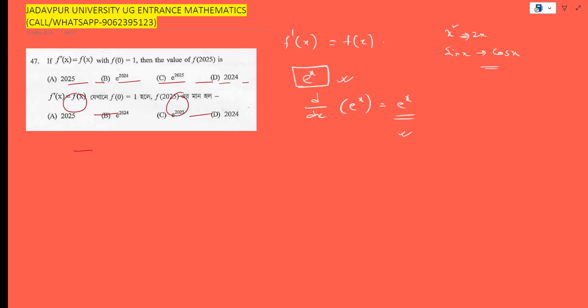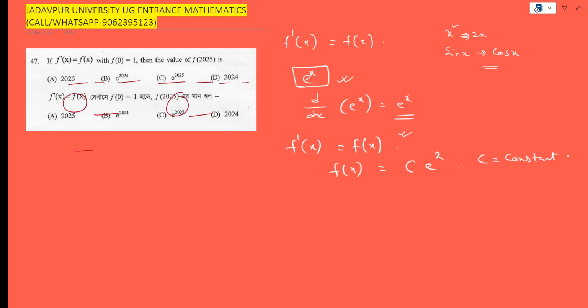Again, still e to the power x. So this function has infinite self-confidence, you can say. Now, whenever you see f'(x) is equal to f(x), the general solution is f(x) is c into e to the power x, where c is the constant.